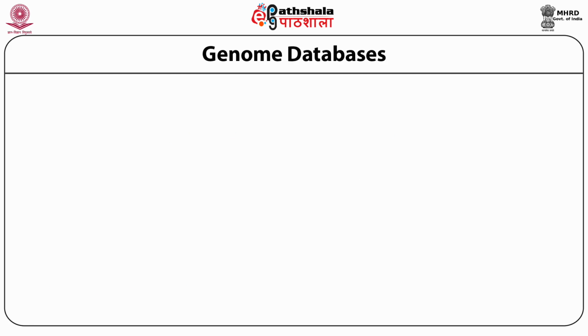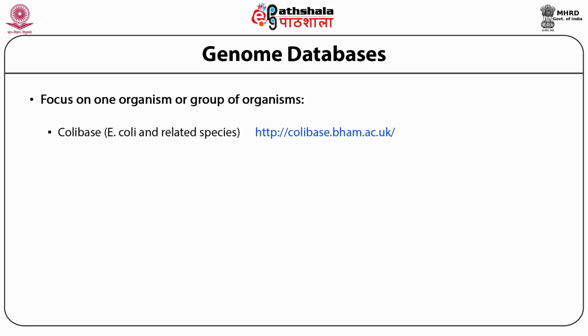Specialized databases focus on one organism or a group of organisms and have information about the sequences of that organism, for example Colibase. Colibase is a database which contains the gene sequences of E. coli and related species. It can be accessed through colibase.bham.ac.uk. Then the GDB is the Human Genome Database, containing information about the human genome.